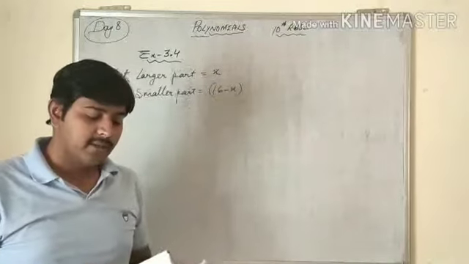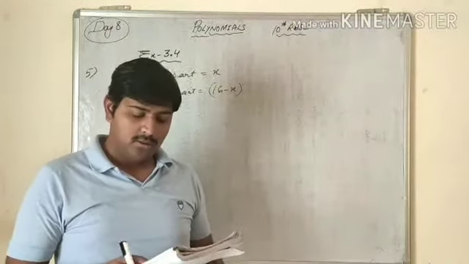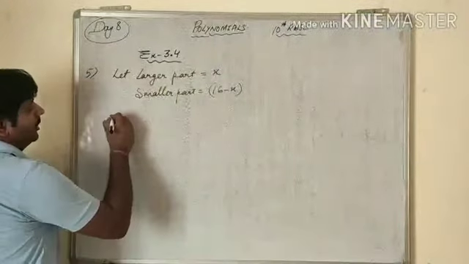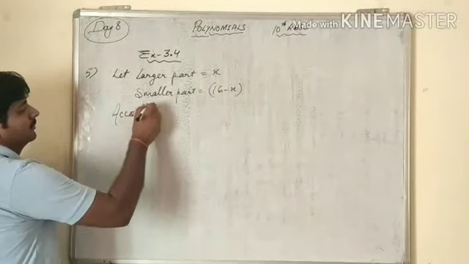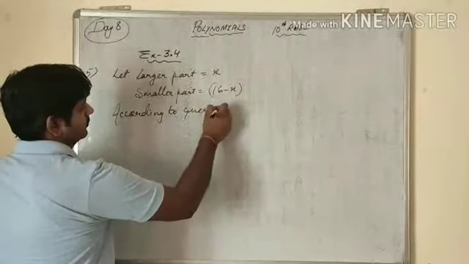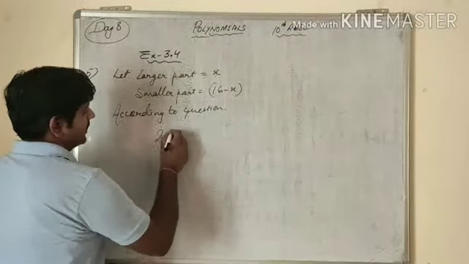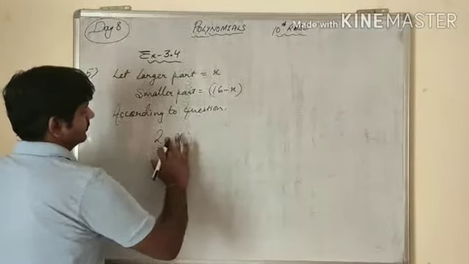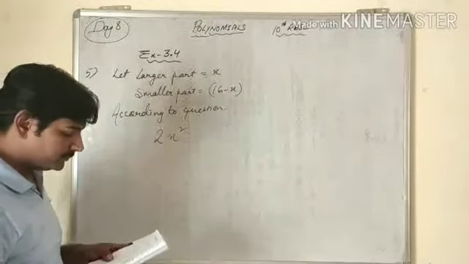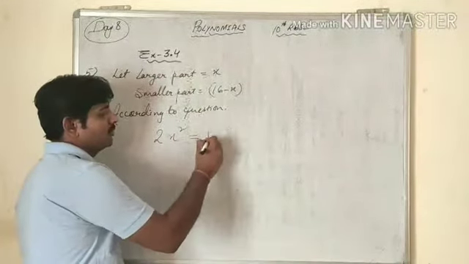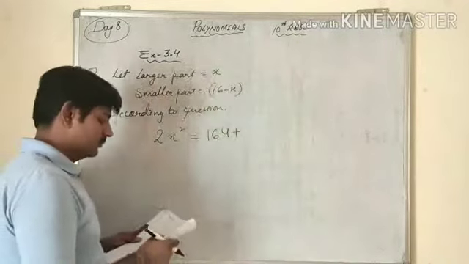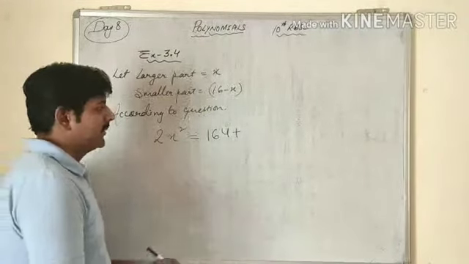Now according to the question, they have given 2 times the square of the larger is 164 more than the square of the smaller part.